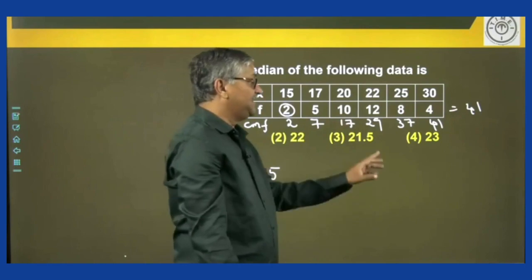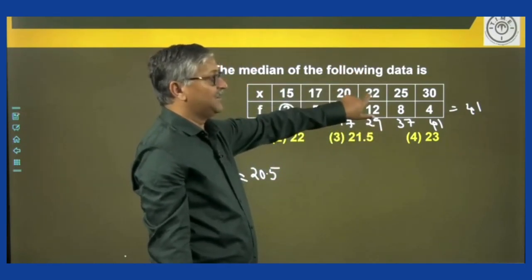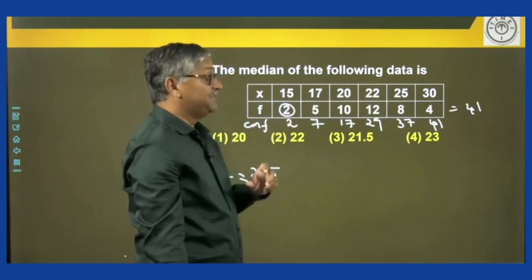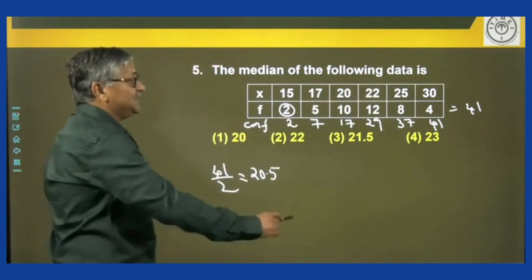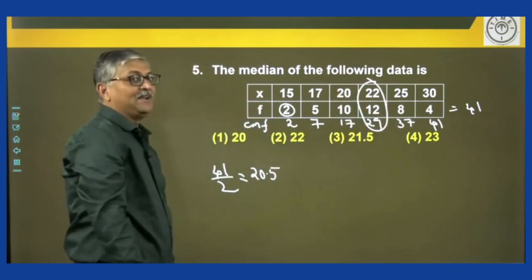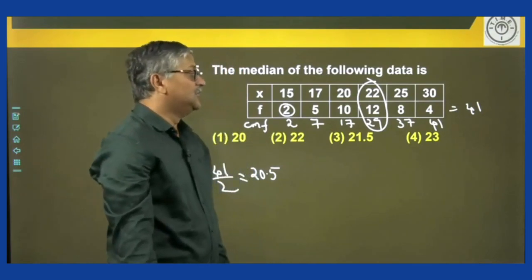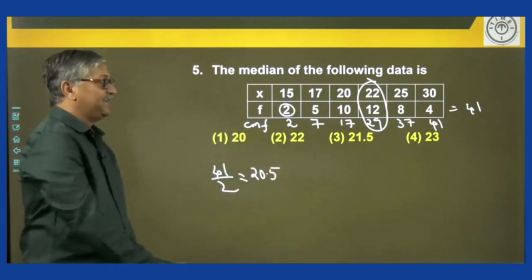So what is the next one? 29. So 17 to 29, all observations are, what is that value? 22. That means the 21st observation is in which interval? It falls in this interval. That's why, what is the corresponding x value? The corresponding x value is 22. So the median is 22.